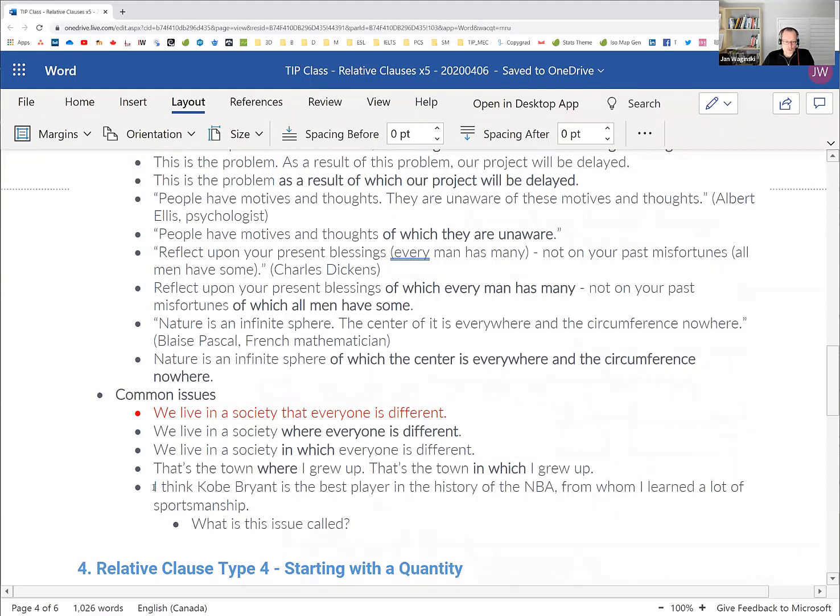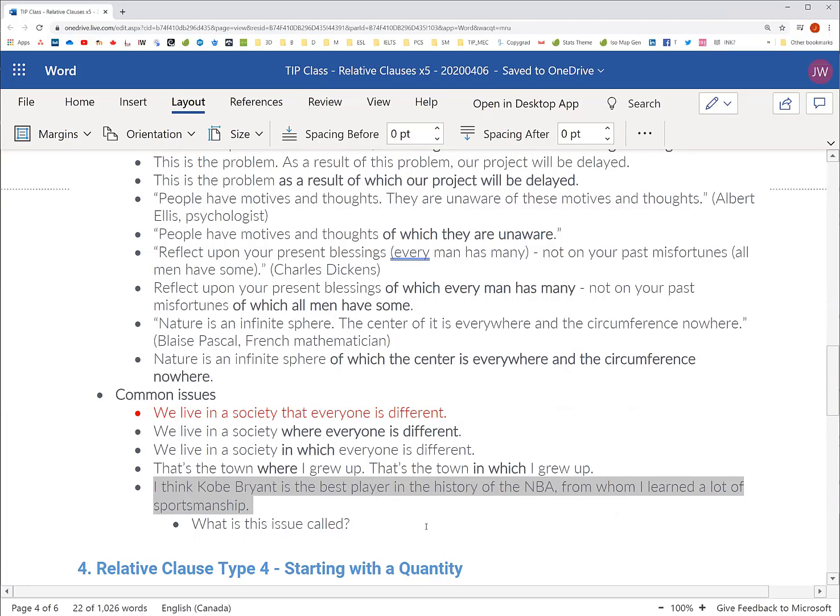Here's one more. I think Kobe Bryant is the best player in the history of the NBA, from whom I learned a lot of sportsmanship. The position of the relative clause? The place should be right after the corporate, right? That's right. So what's this issue called?